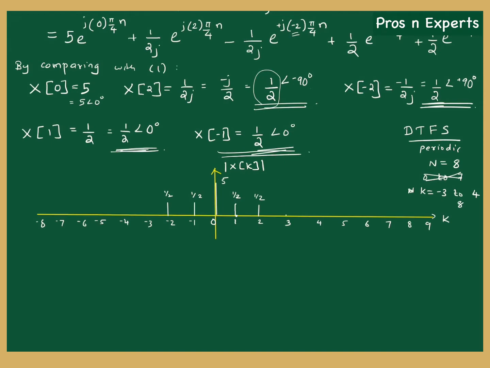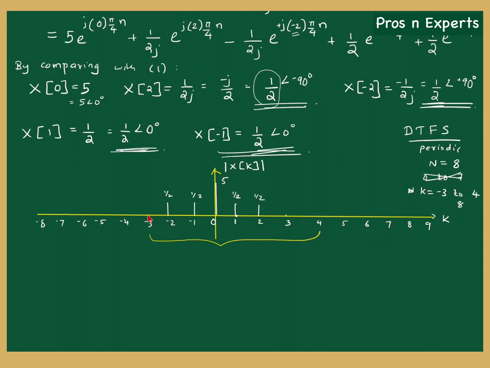So I can mark it in another ink. This is one time period. After that, this repeats. So -3 is the start of this time period, and 5 will be the start of the next period.